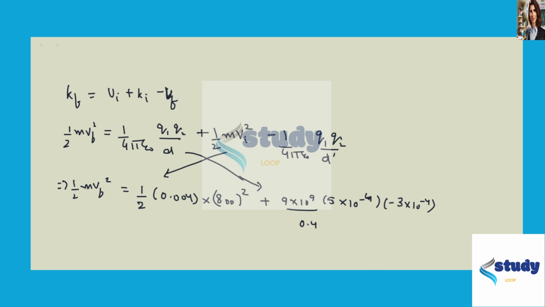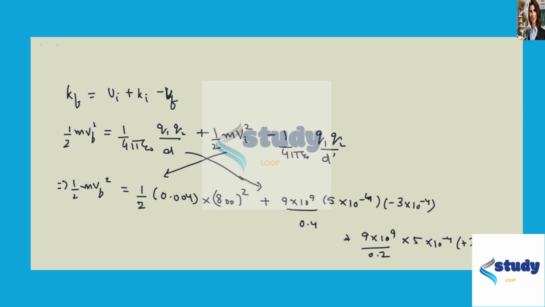Now we have minus here. So minus 9 into 10 raised to power 9 into 5 into 10 raised to minus 4 into minus 3 into 10 raised to minus 4. This minus minus goes plus, so let's make it plus here.